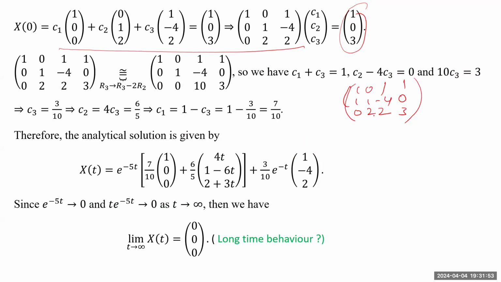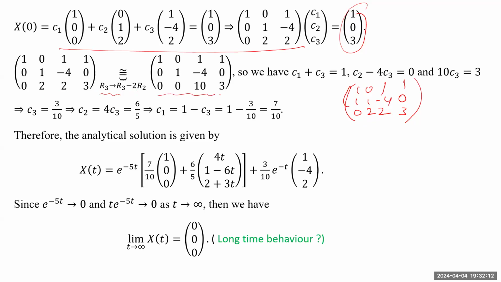To make zeros below the diagonal entries, here I did only one operation. I applied the operation on R3, that is R3 minus 2R2.